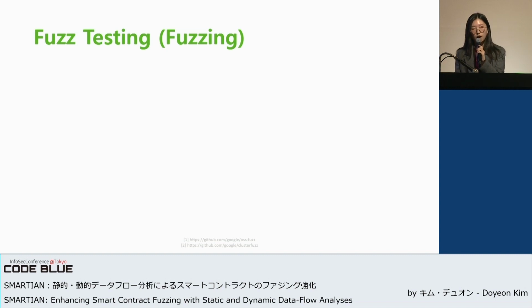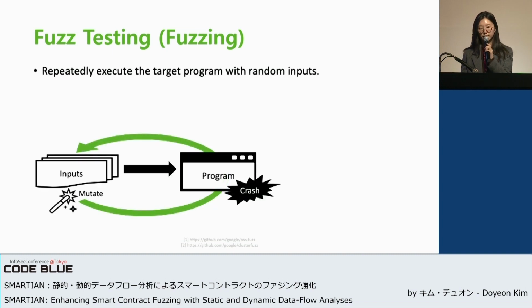On the opposite side, there is fuzz testing. It is usually called fuzzing. Fuzzing is a process to execute the target program repeatedly while randomly changing the input of the program. We expect that the program will hit some critical errors like a crash.